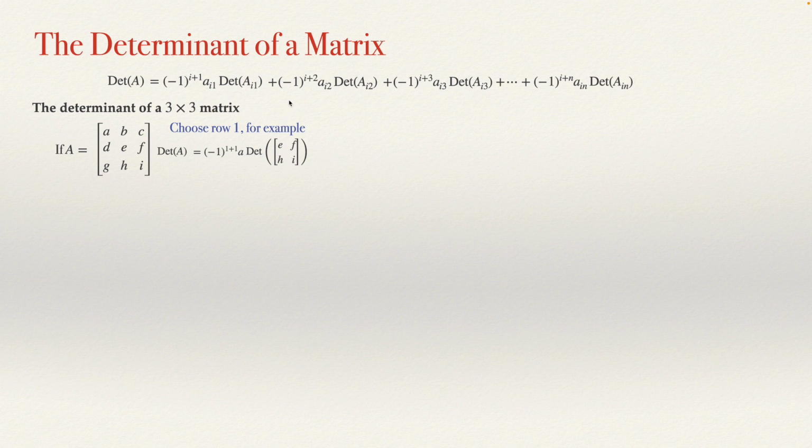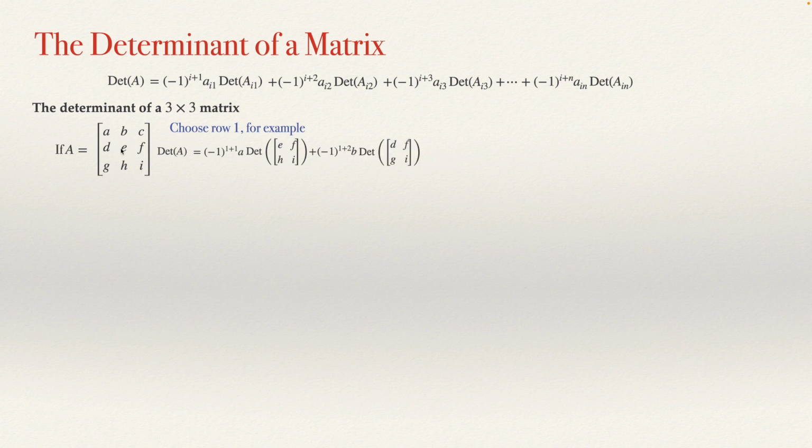Now, using the formula minus 1 to the power 1 plus 2, so minus 1 to the power 3, and then the second element of this row, that is B, and the matrix that results from eliminating first row, second column. It will be D, F, G, I.